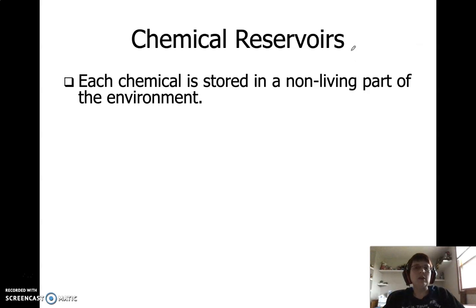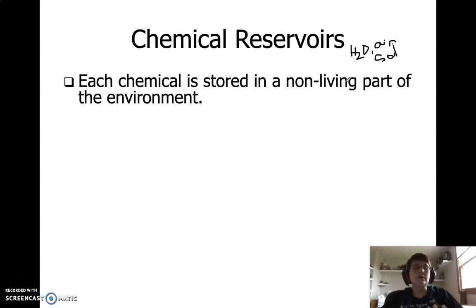So that could be water, it could be air, soil, rock, and so on. So any non-living part of the environment is a possible chemical reservoir.